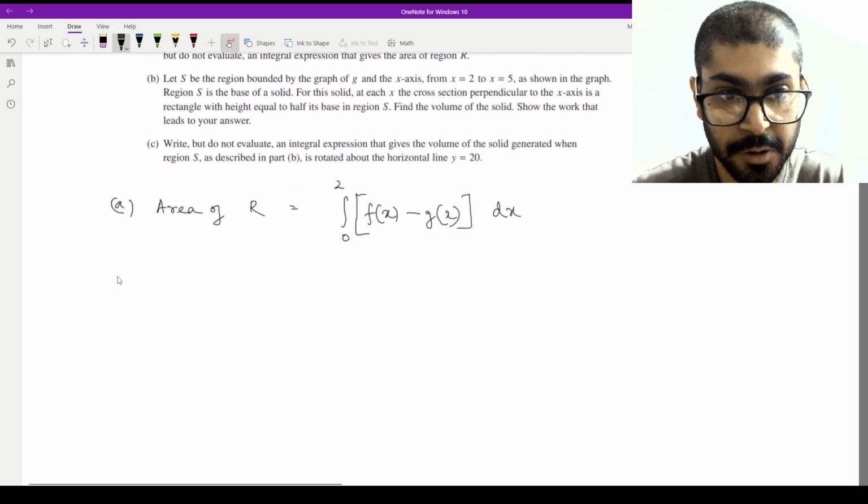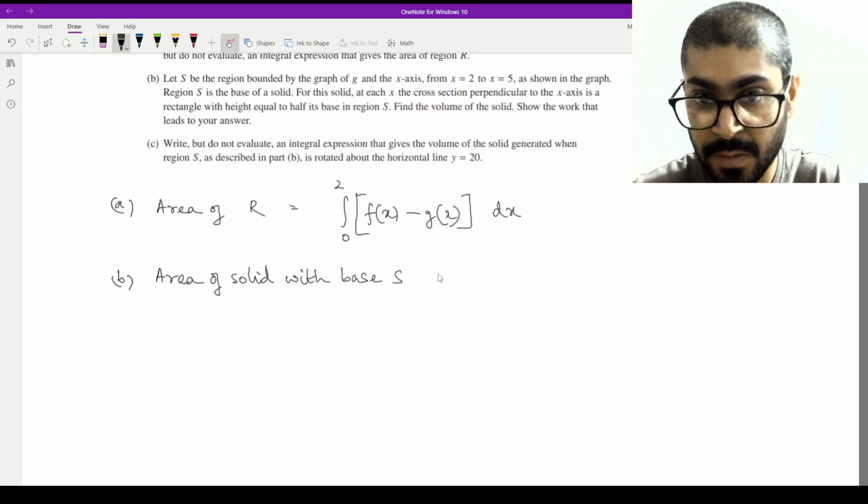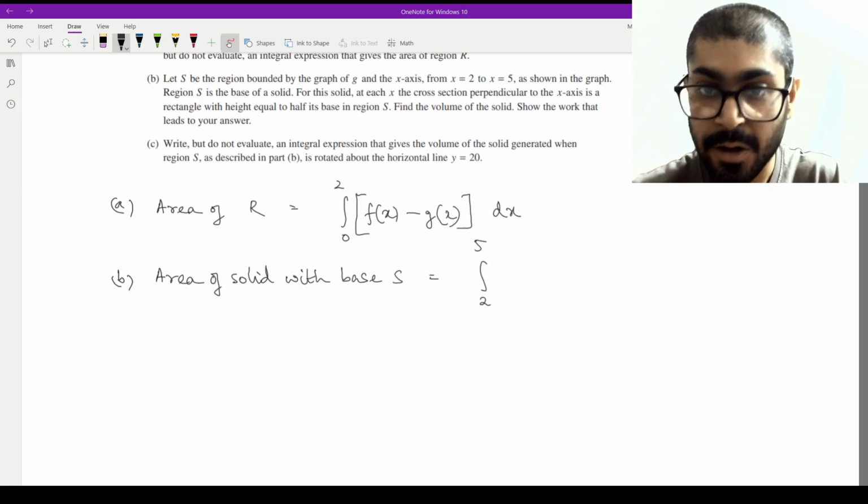Okay, so the volume of the solid with base S will be equal to, we have to integrate from 2 to 5, right?